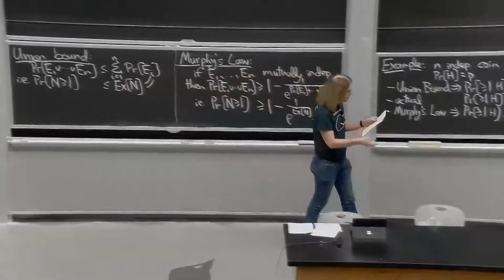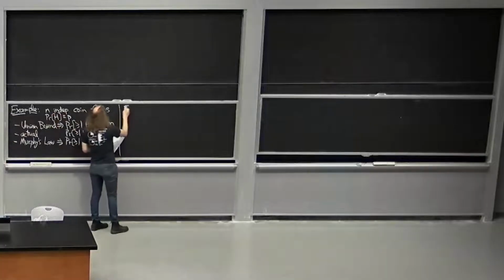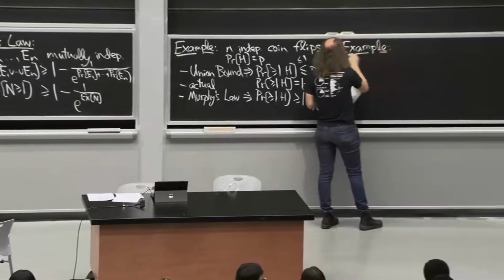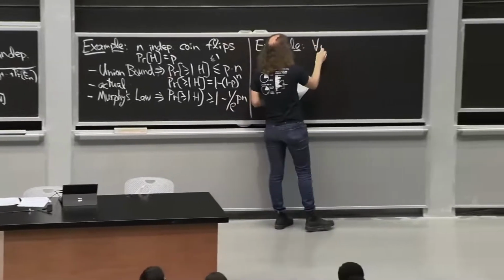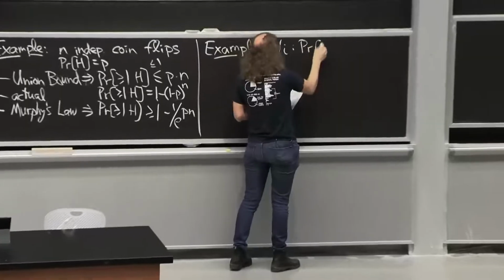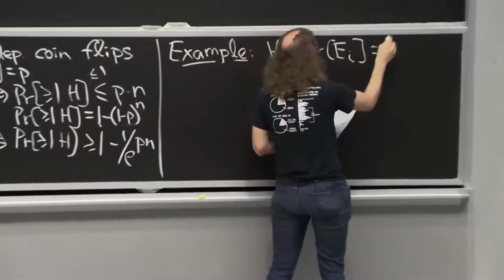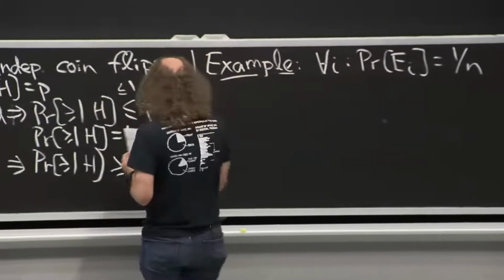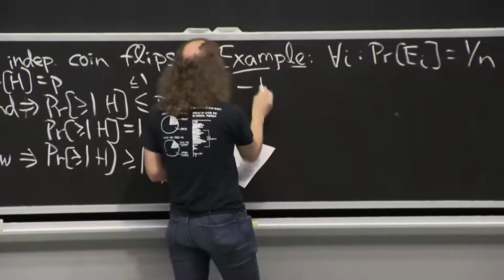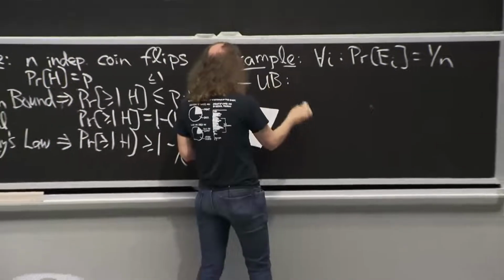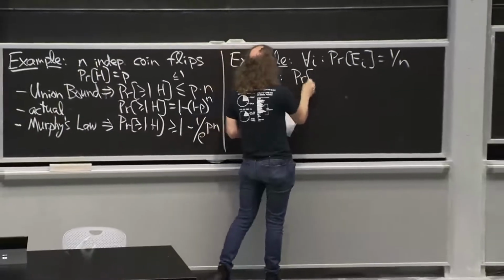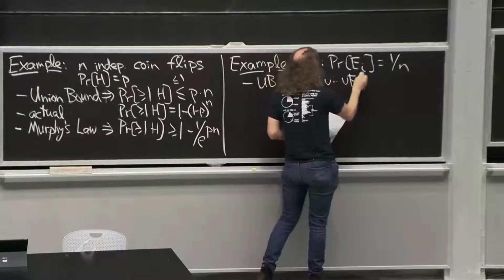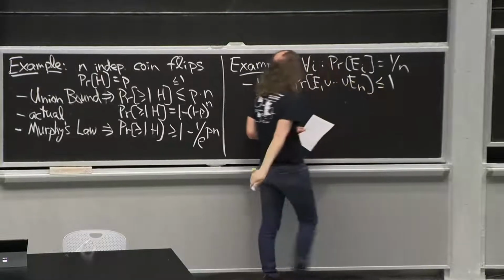Cool. Let's do a particular example of this that I think is instructive, which is suppose that each event occurs with probability 1 over n. So this is the same thing, but I'm just plugging in p equals 1 over n. Then with the union bound, I get the probability of the union, I'll write it one more time, is at most 1 exactly.